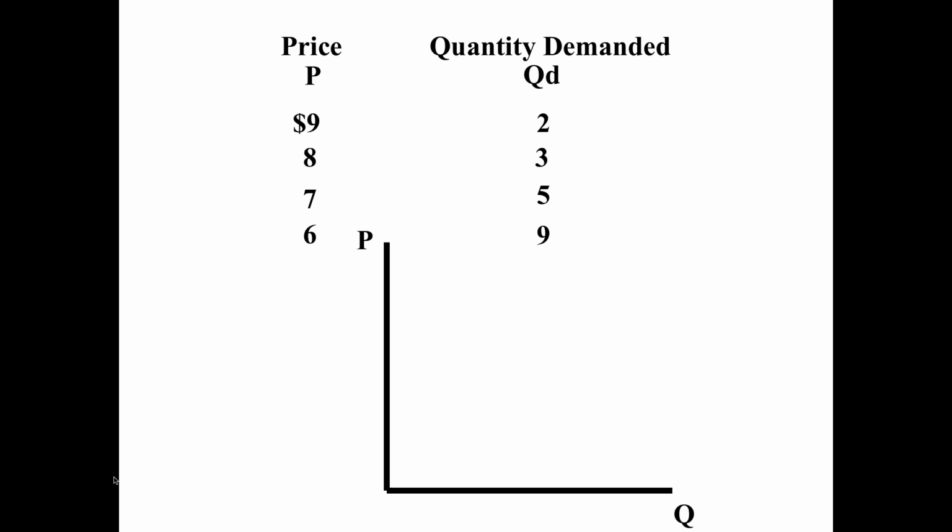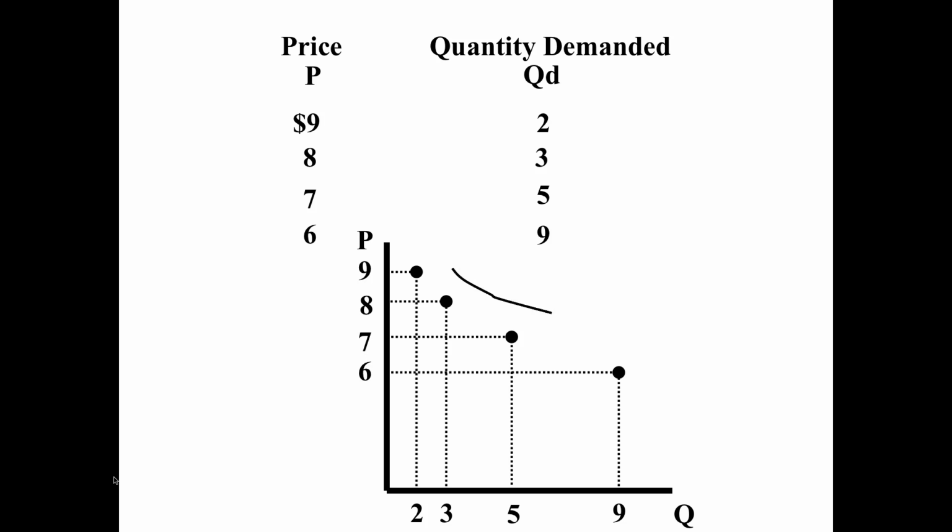You're going to have quantity, okay, which is going to be on your x-axis, and it's always going to be on your x-axis. And then we're going to go ahead and graph these points. So $9, we have 2 demanded. $8, we have 3 demanded, etc., etc. And we draw a smooth curve through them. And we have our demand curve, which is represented by the variable D.